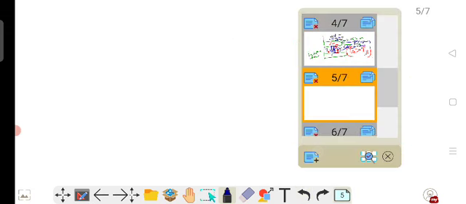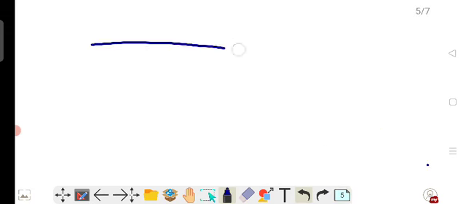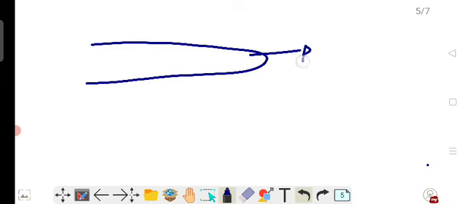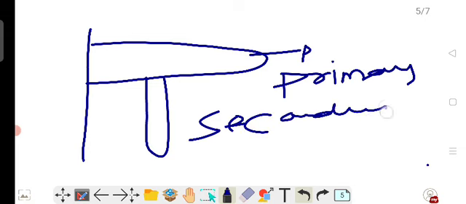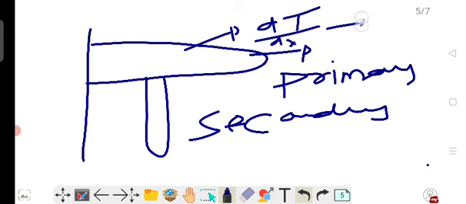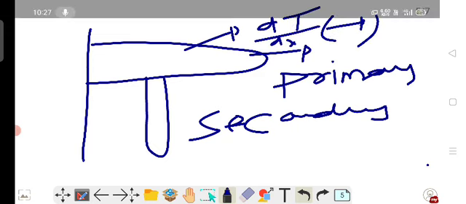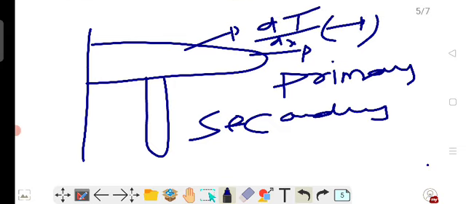Let me draw once again. This is our primary arm. This is the secondary. This is the interface. This arm is also generated due to the temperature gradient in this direction. Otherwise, it is impossible in the case of pure metal.